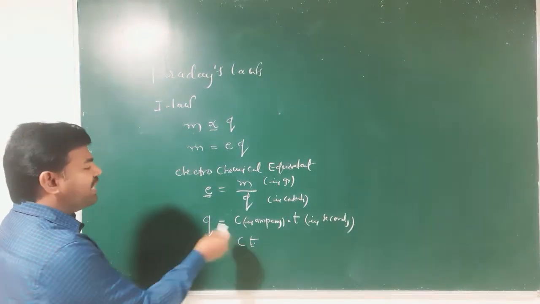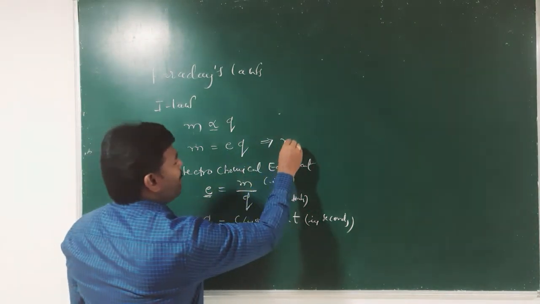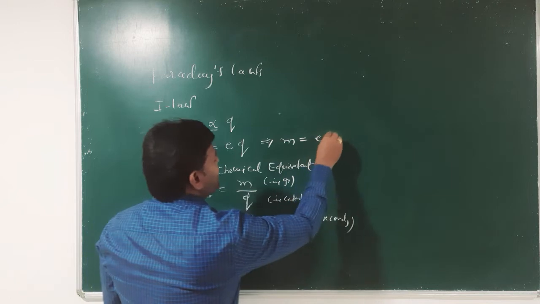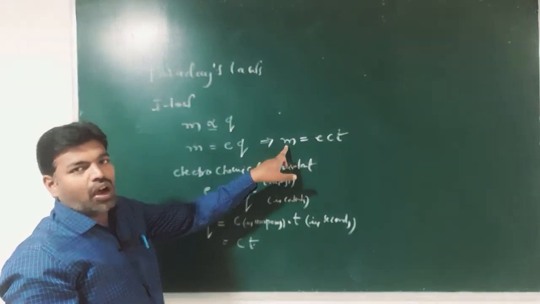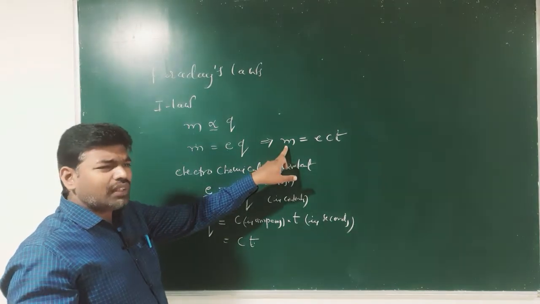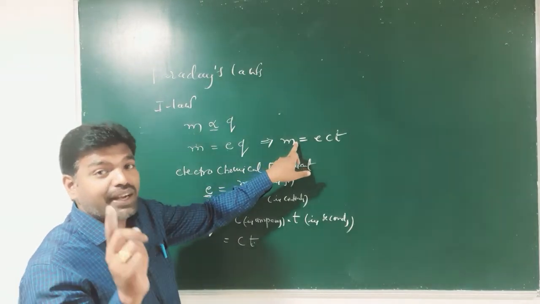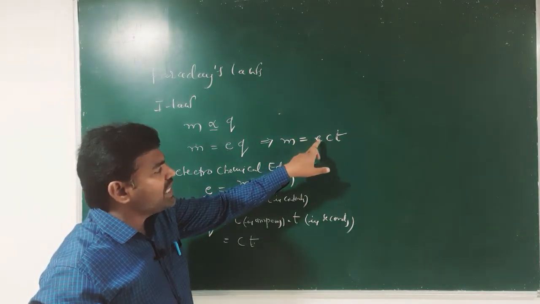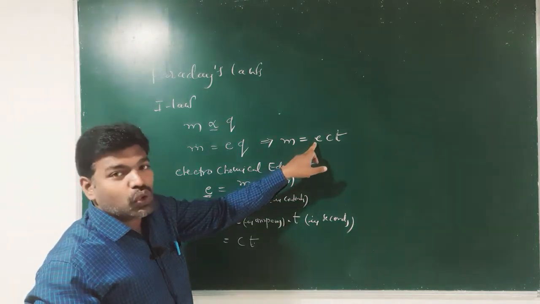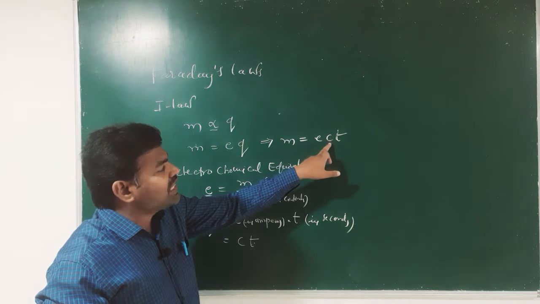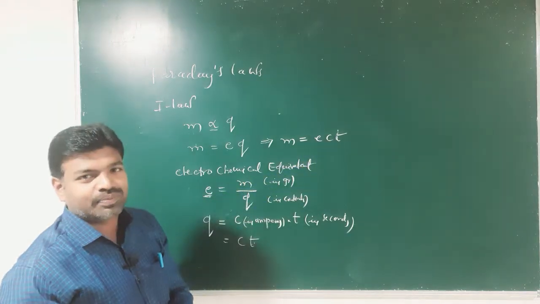So we can replace this q with Ct, that is, m is equal to E C T. So the mass of substance or gas liberated at an electrode during electrolysis is equal to ECT, where E is the electrochemical equivalent, C is current in amperes, and T is time in seconds.